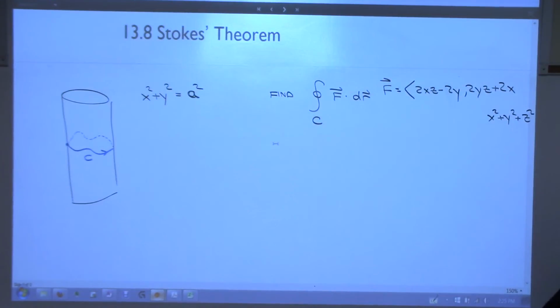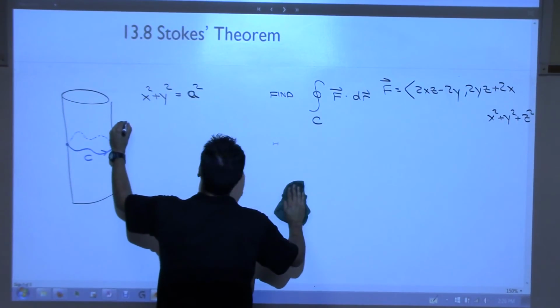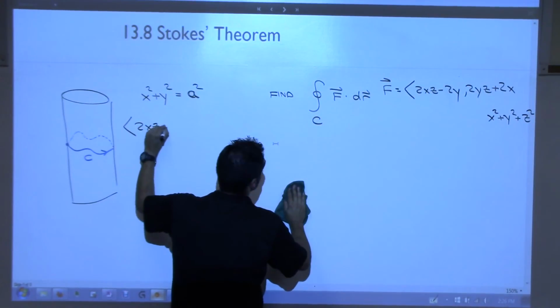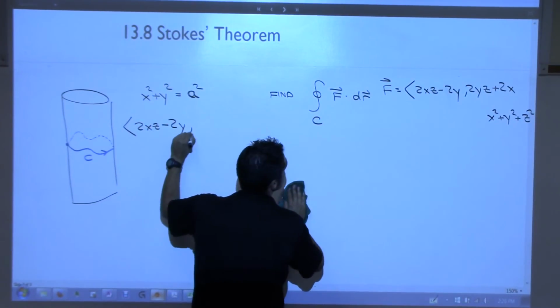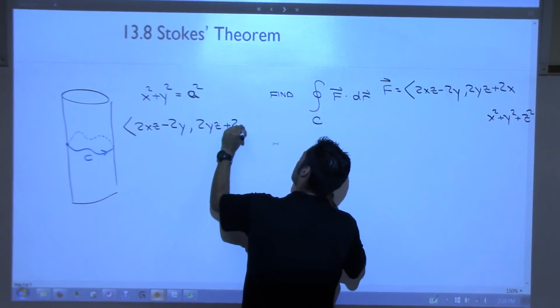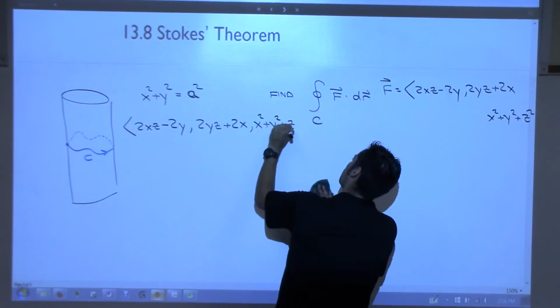All right, so I'm going to put that vector field over here so it's a little easier for me to work over there. 2xz minus 2y, 2yz plus 2x, and x squared plus y squared plus z squared.